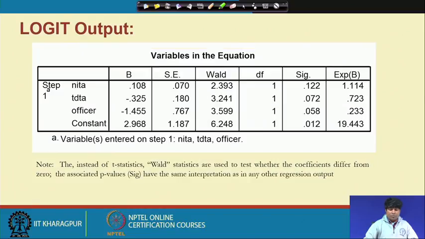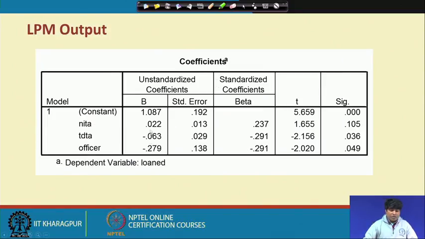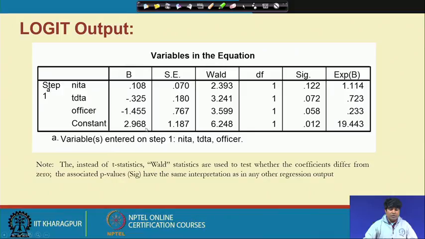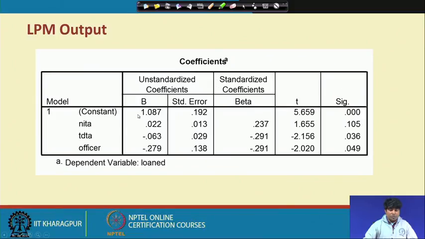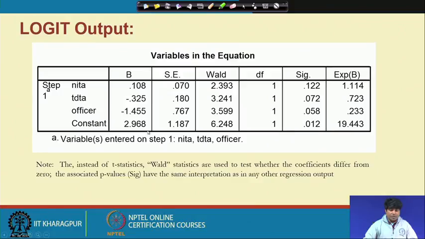Now, compared to the linear probability model, the logit model output will be like this. If you check the sign of the particular coefficients, whether you use the linear probability model or the logit model, the sign is more or less the same. Whatever results are coming here, the results on this side are also coming in a similar way.